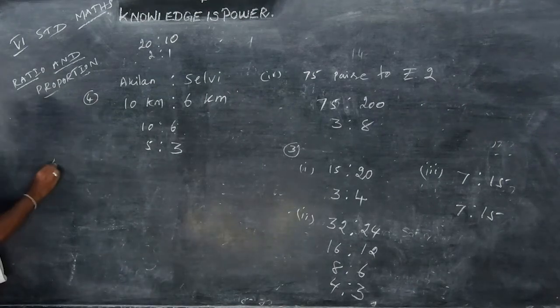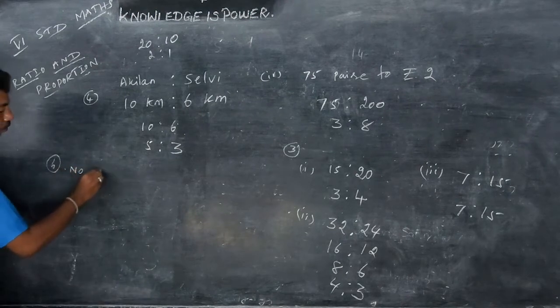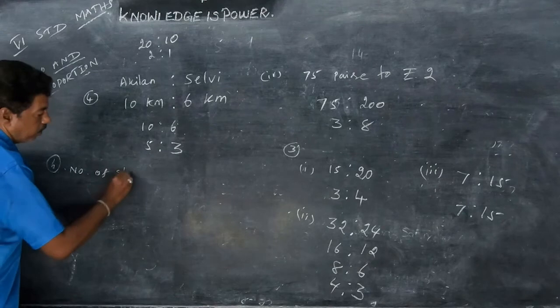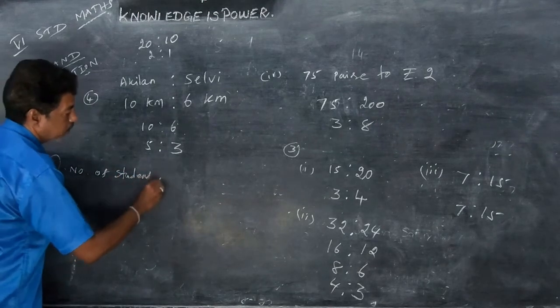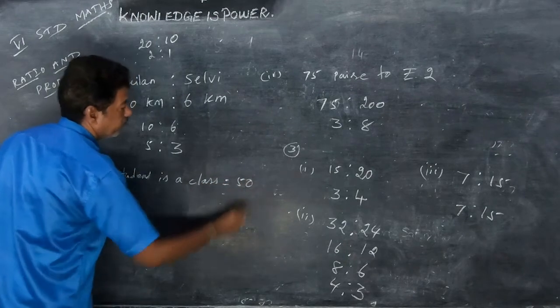Now question number 6, the last one in that exercise. Out of 50 students in a class, 30 are boys. Find the ratio of the number of boys to the number of girls. Number of students in a class equals 50.